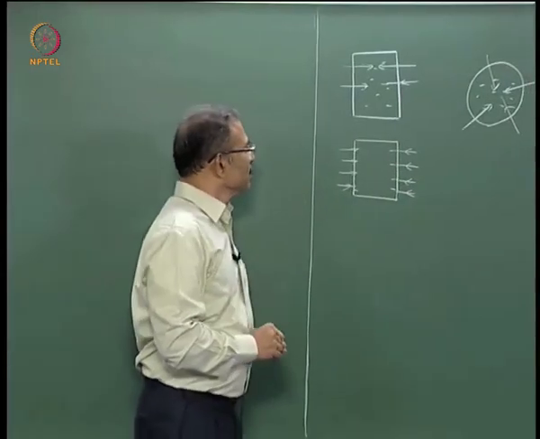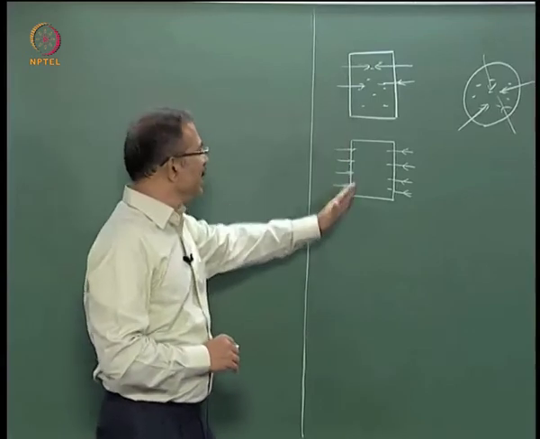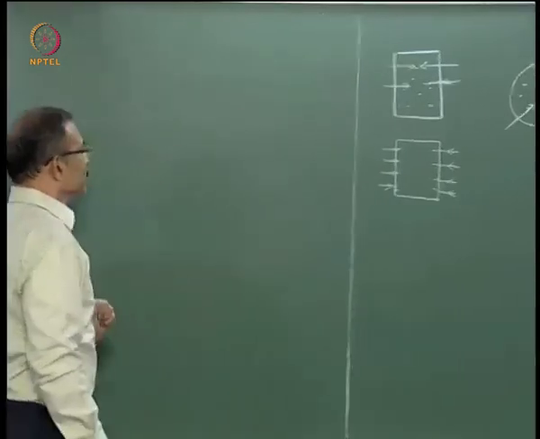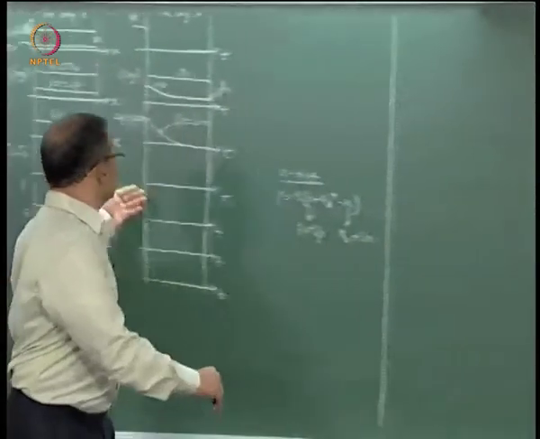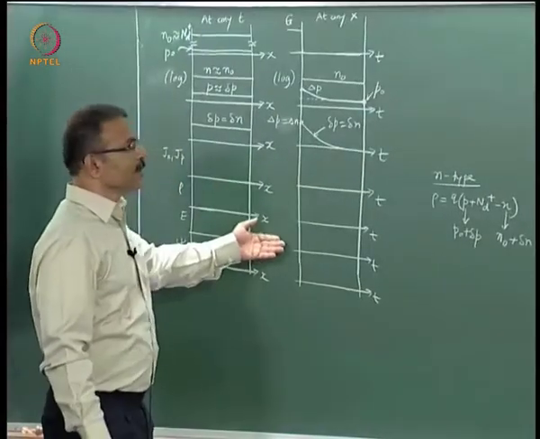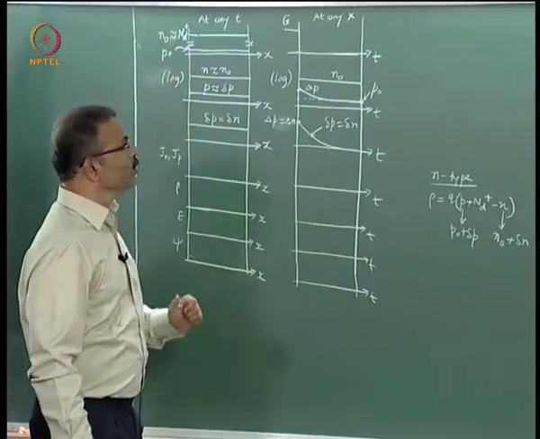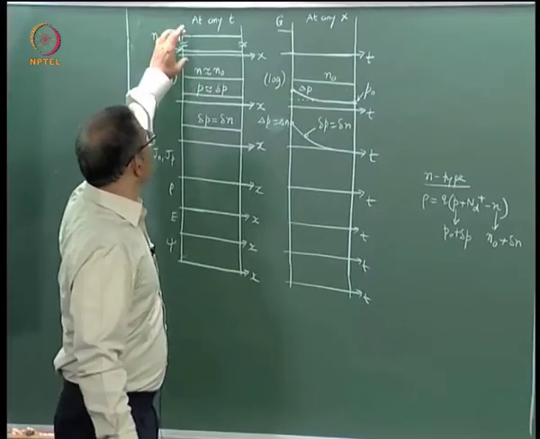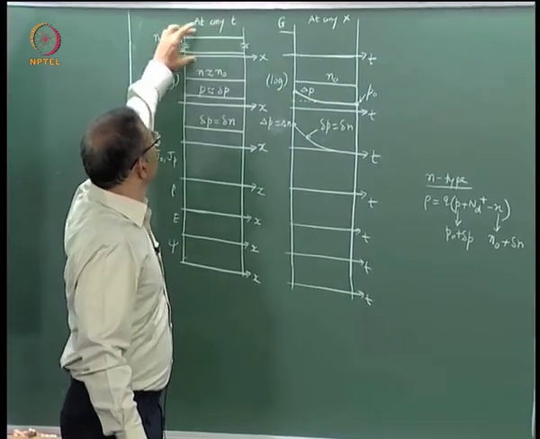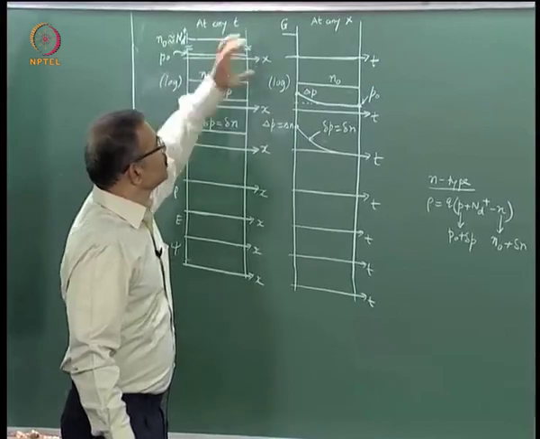Now, let us look at things in detail and plot the various things the way we did earlier for the case of minority carrier lifetime. So, we are going to follow a similar approach. Here again we have a uniformly doped semiconductor. So, your doping is uniform, okay.